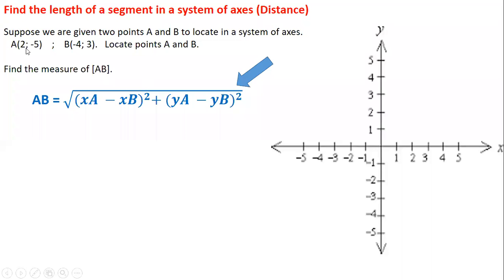Let's locate A. Now I want to ask, please, Callum. Yes, Callum. To locate the point A, which is (2, -5), what is 2 for A? 2 is the abscissa of A. Where is it located? On the x-axis, right? So this is where A is located on the x-axis, on 2, and minus 5 is the ordinate, which means it's located on the y-axis.